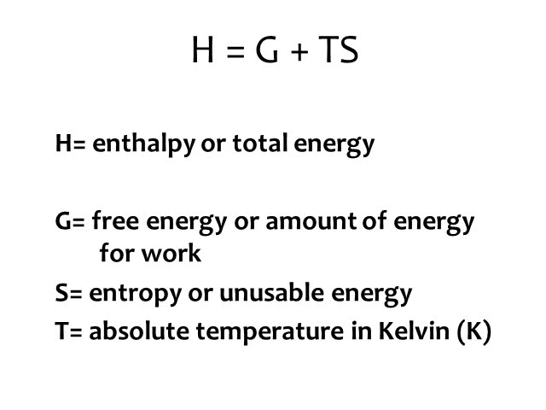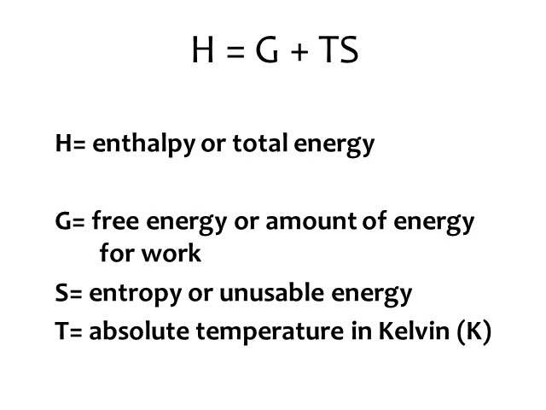So that equation that we just looked at, the total amount of energy equals the amount of usable energy plus the amount of unusable energy. So we're going to use a little bit of algebra here. The H is going to stand for enthalpy, or this is just the total amount of energy that we have in a system. Remember that total energy is going to equal our energy we can use for work, and that's called G, or the free energy, so our energy that's available to actually do something.